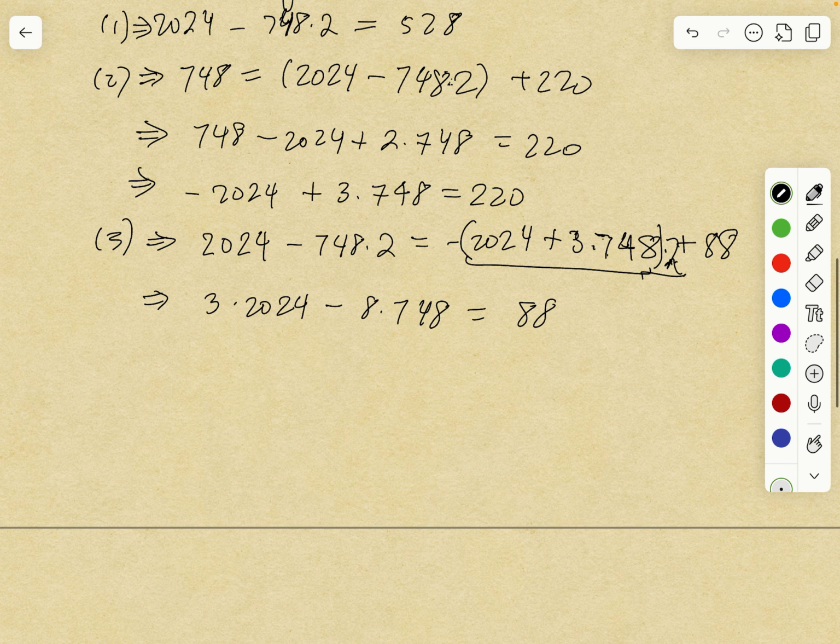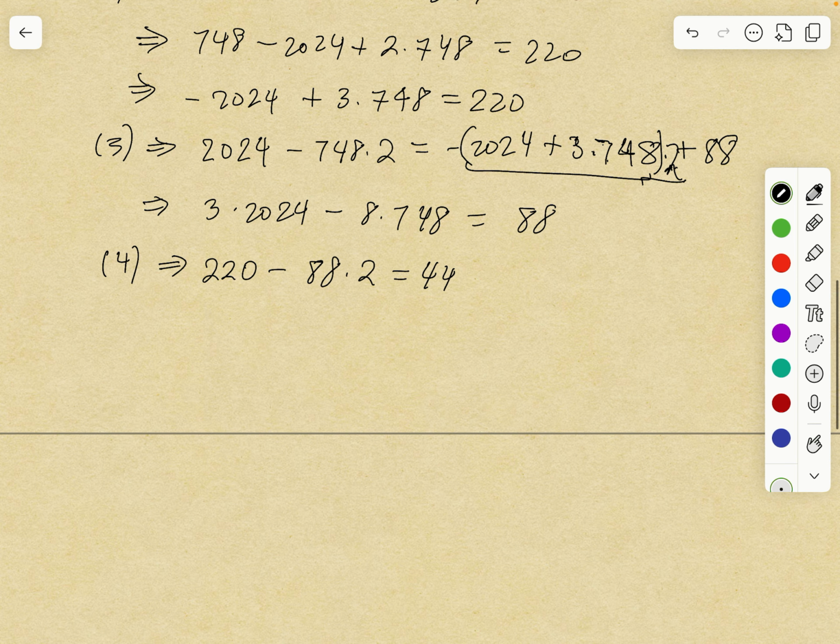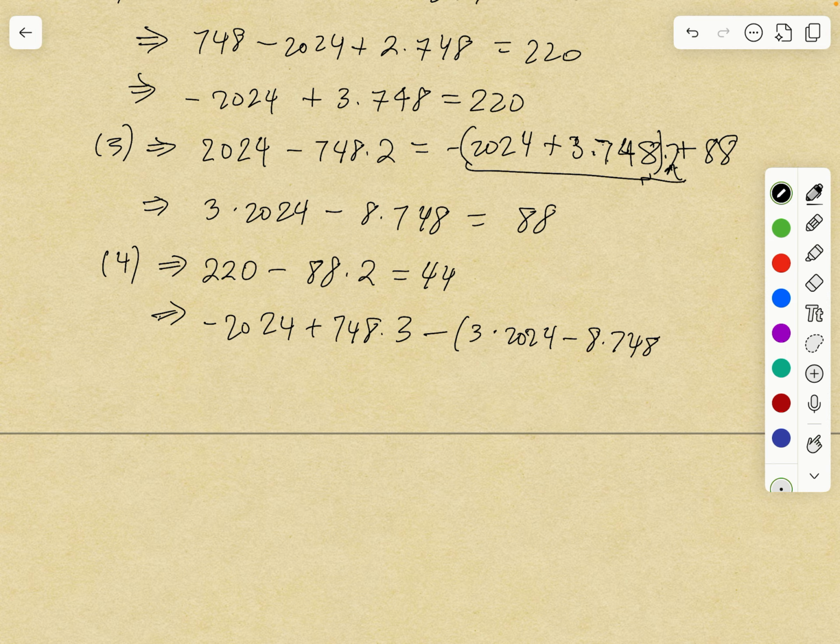Okay, now I keep going. I use equation 4, so that tells me that 220 minus 88 times 2 is 44, right? And so now I just replace 220 and 88. So I get negative 2024 plus 748 times 3 minus, and then my 88 is 3 times 2024 minus 8 times 748.